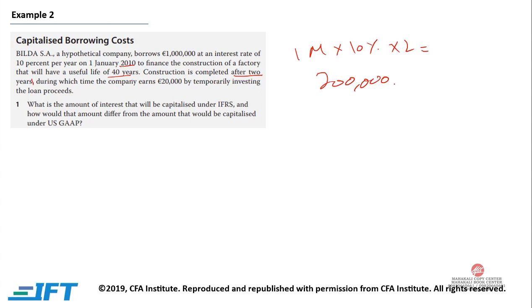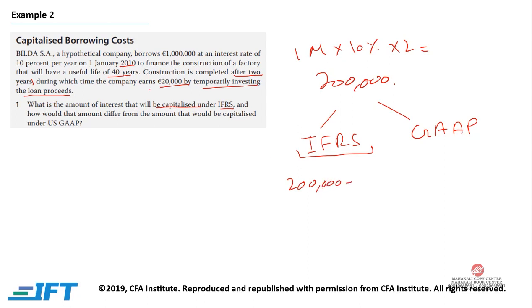Now, during this time the company earns $20,000 by temporarily investing the loan proceeds. Now, IFRS and GAAP have different solutions for this. What is the amount of interest that will be capitalized under IFRS? So, under IFRS, from 200,000, 20,000 would be deducted because these are the earnings from temporary investing of the loan proceeds.